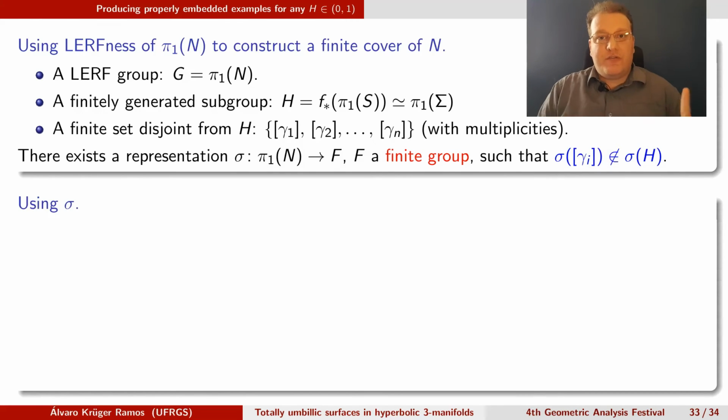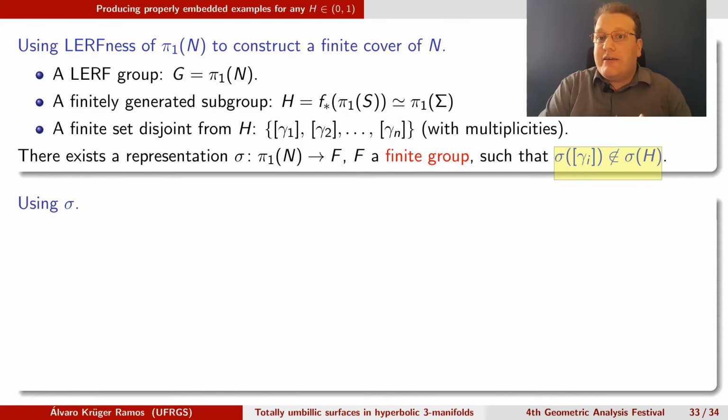Okay, now how do we use this representation here? Remember, we need to find a finite index subgroup of pi1 of N. So we could, for instance, take the kernel of this representation, because F is a finite group. So the kernel would have finite index in pi1 of N. But the problem is, if we just take the kernel, this property is killed. We cannot use this property if we take the kernel.